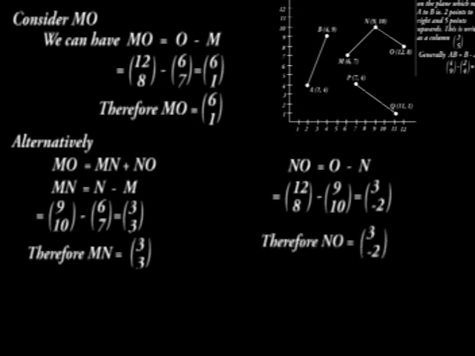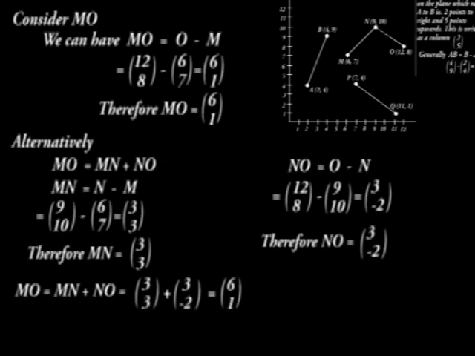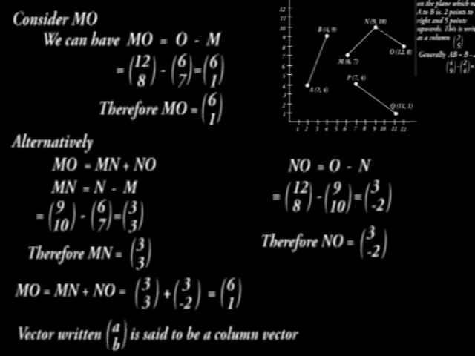Therefore, NO is (3, -2). MN plus NO is (3, 3) plus (3, -2), giving us (6, 1), and we arrive at the same answer. A vector written as such is said to be in column form and is called a column vector.